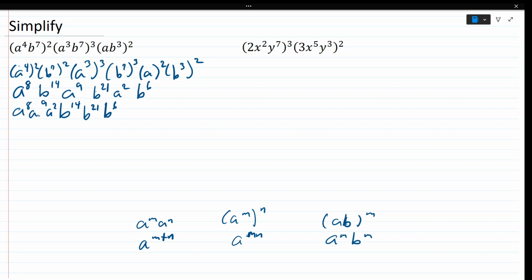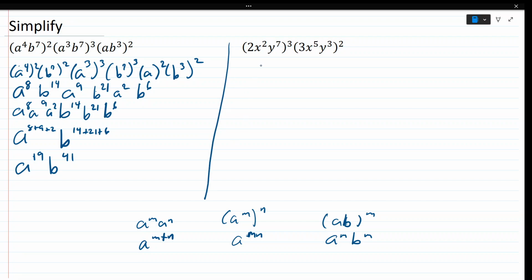So a to the 8th times a to the 9th times a squared, that would be a to the 8 plus 9 plus 2. And for the b, it would be b to the 14 plus 21 plus 6. So adding those, you'd have a to the 19th, b, let's see, that'd be to the 41st.